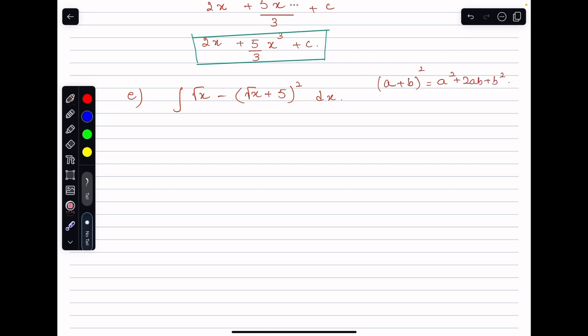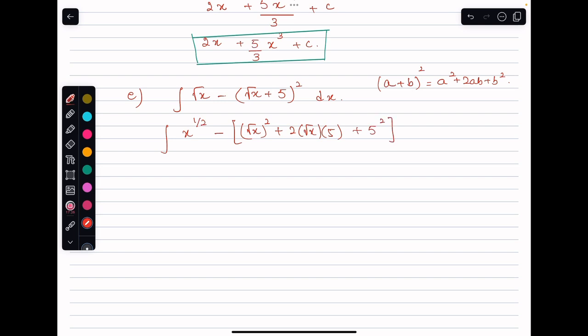So applying that, I should say that this is going to be the integral of x to the power 1/2 minus, now here it should be (√x)², and then plus 2 times √x times 5, and then it should be plus 5 the whole square.